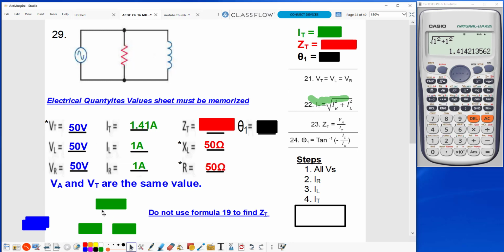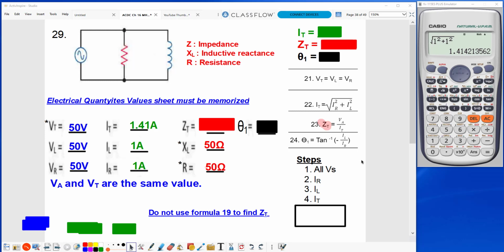All right. Now that we have IT and we have VT, that is how we're going to go about finding our ZT. And I want you to write this down and remember what I'm about to say to you. Z stands for impedance.